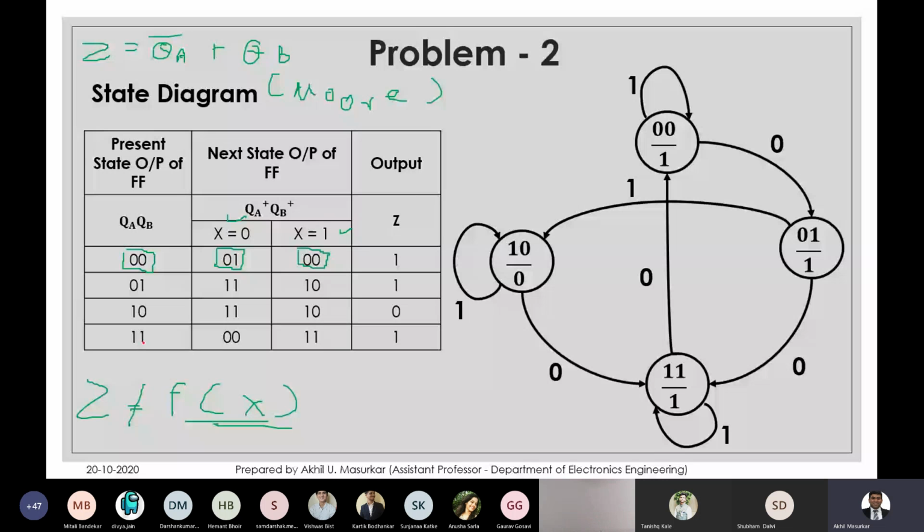QA plus will be a function of QA, QB and X, and QB plus would be a function of QA, QB and X. So to calculate QA plus and QB plus, you will go to the previous table and from there you can directly fill the statement. So let's go to the next.